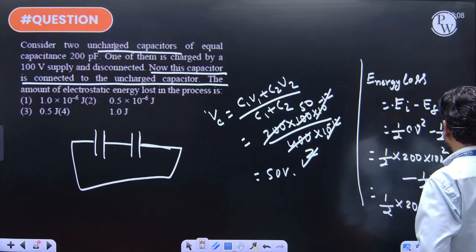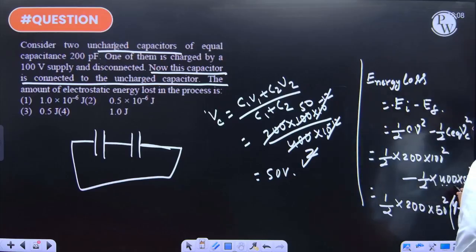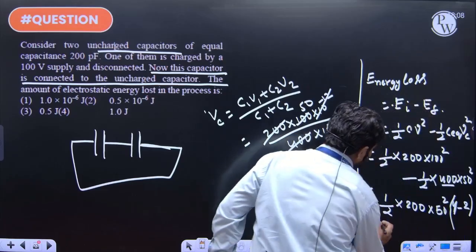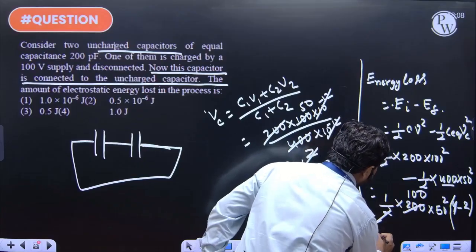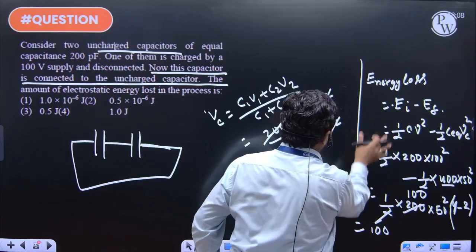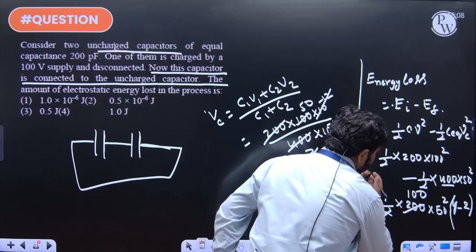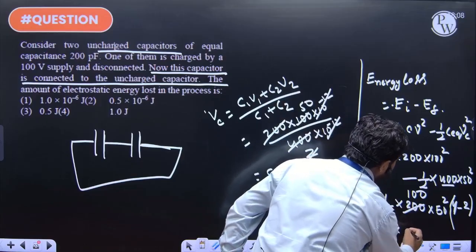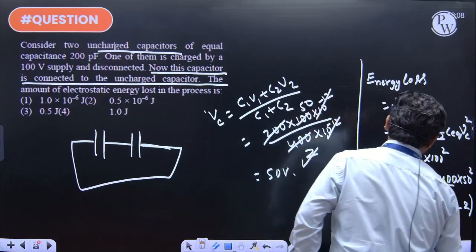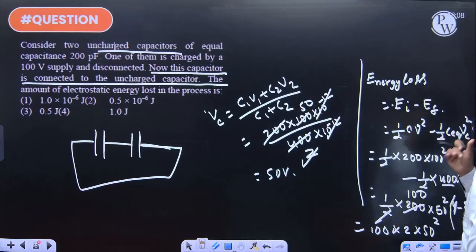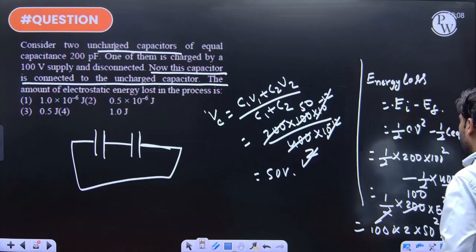So 4 minus 2, so it is 2. If you remember the formula, you can do it directly also. If you don't remember it, I am giving you the way to proceed. So 100 into 2 into 50 square into picofarad, 10 to the power minus 12. Minus 12 will also be there.